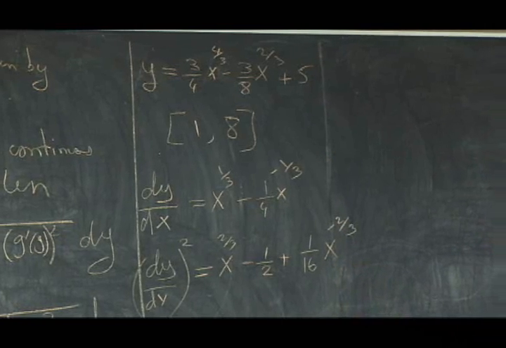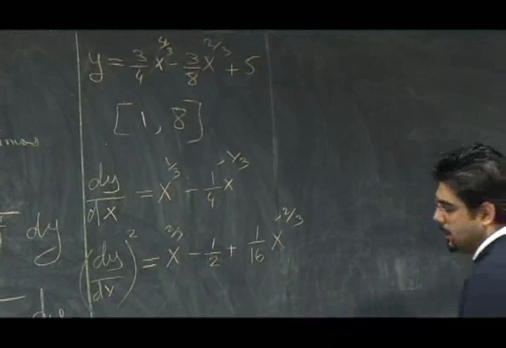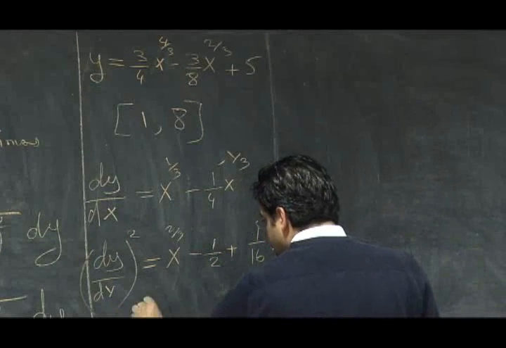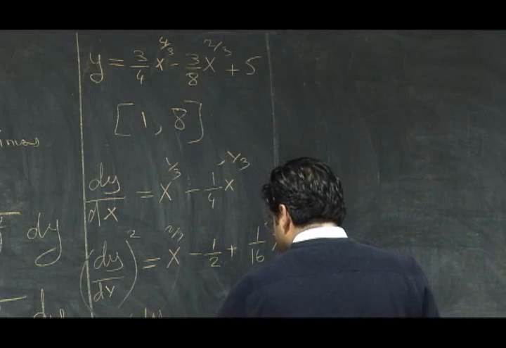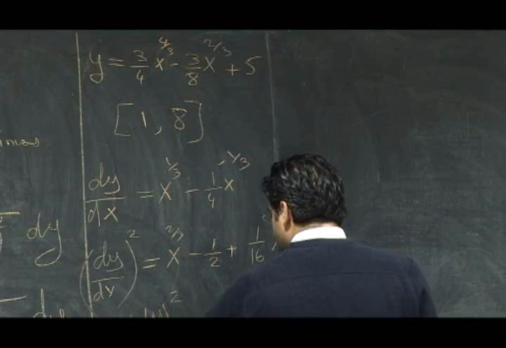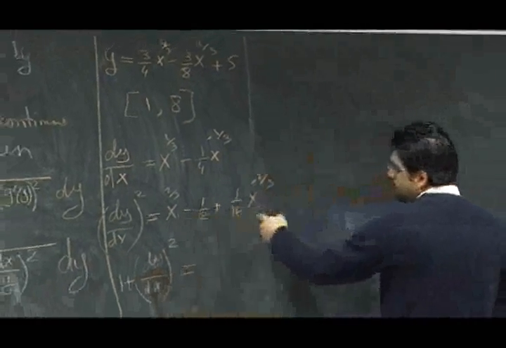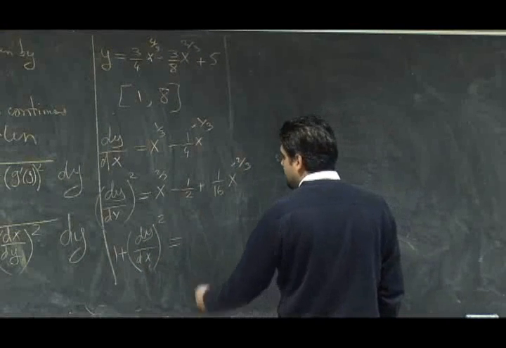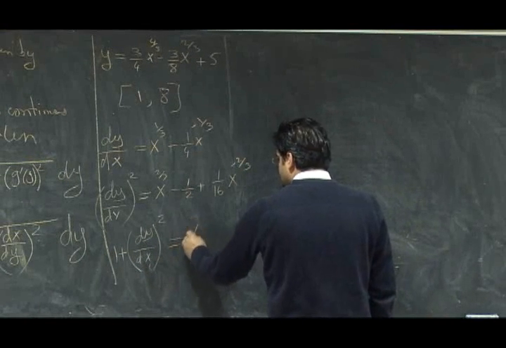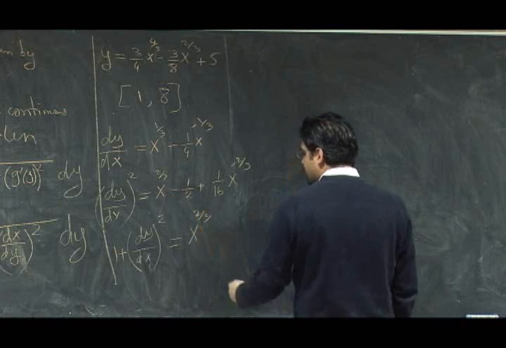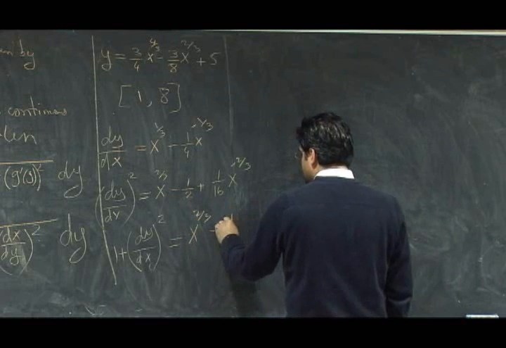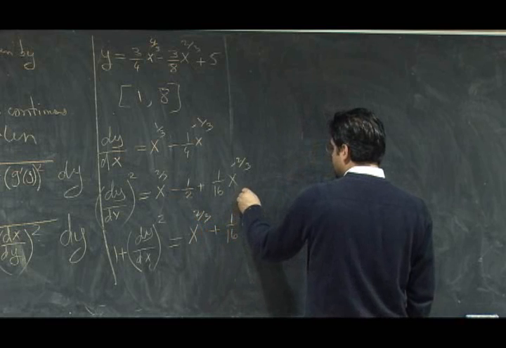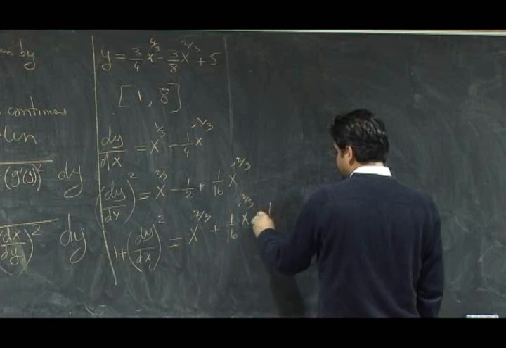Okay? And then we have to add 1 to this. If we add 1, this just changes from negative half to positive half, right? So then we would have x to the 2/3 plus 1/16 x to the negative 2/3 plus 1/2.